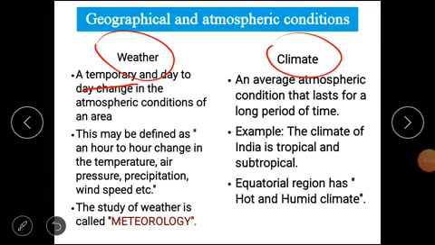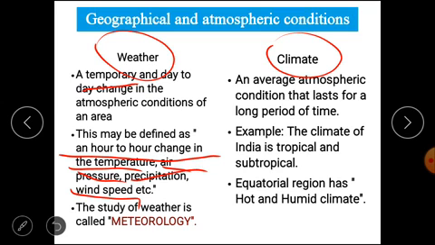Now if we talk about the literal definition of weather, then weather is an hour-to-hour change in the temperature, air pressure, wind speed and precipitation. These are the environmental or atmospheric phenomena prevailing over a region. So if any temporary change occurs in such phenomena, then we'll call that atmospheric condition weather.